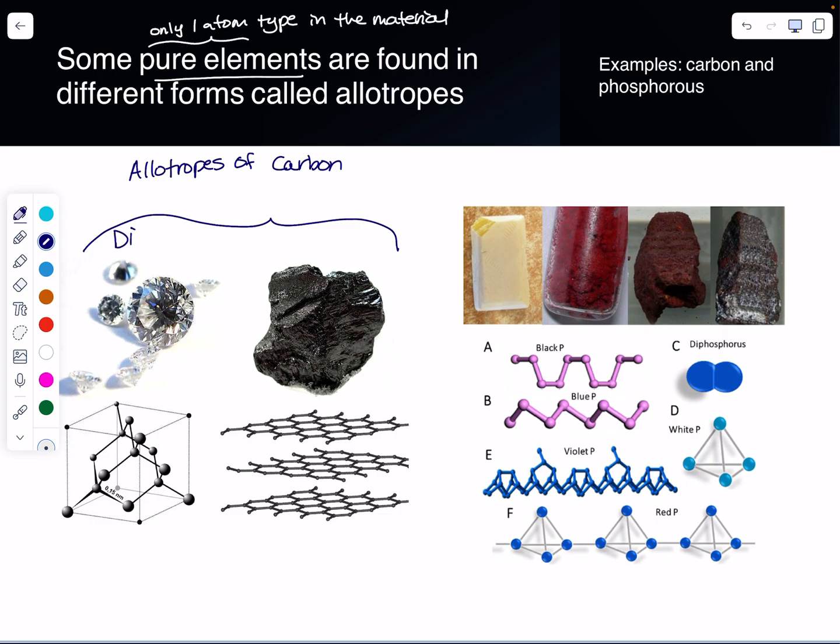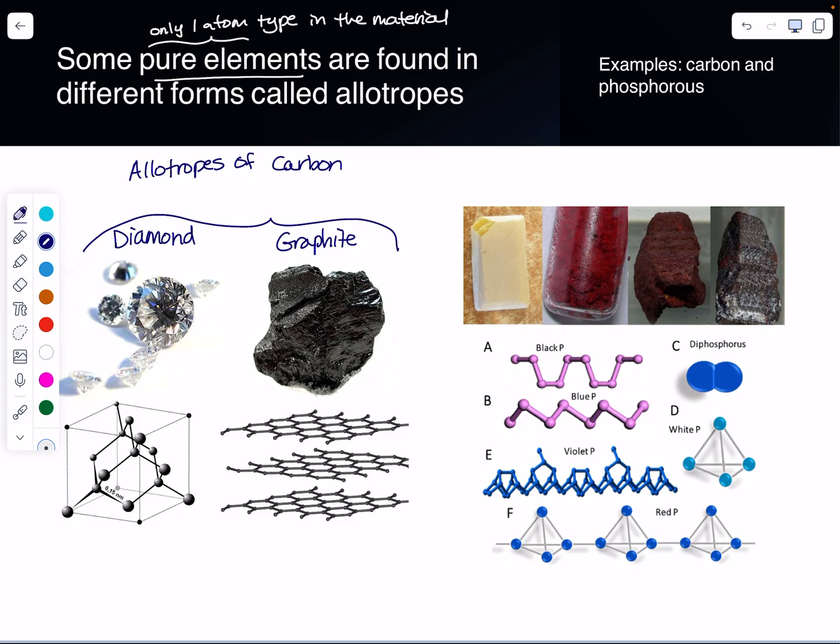We have diamond on the left and graphite on the right. You'll notice the materials themselves have vastly different properties. Diamonds are the hardest substance known on Earth. They're sparkly and shiny, and graphite is a dull gray material that can be easily taken apart.